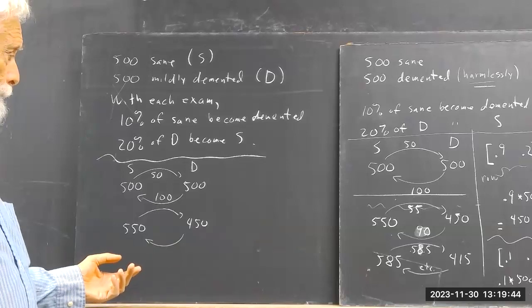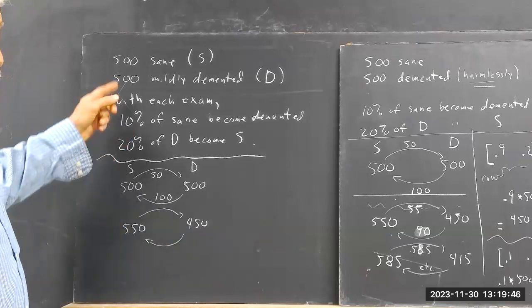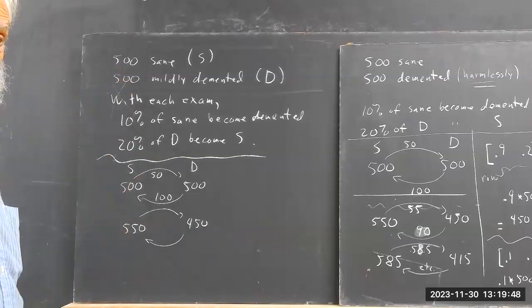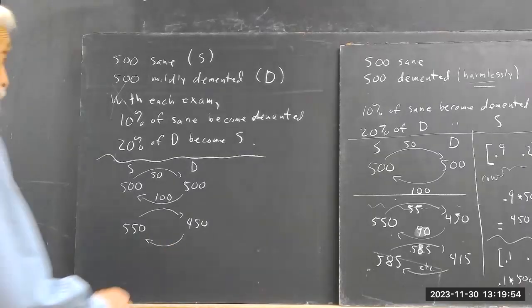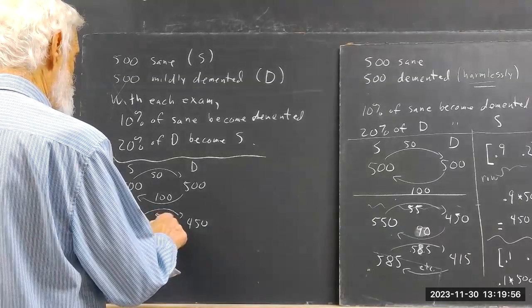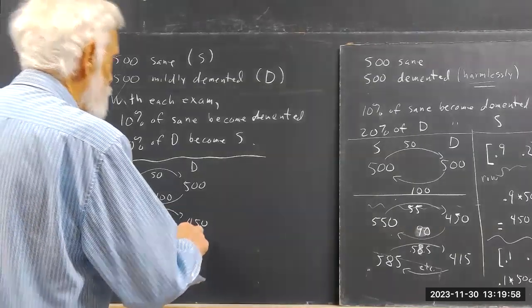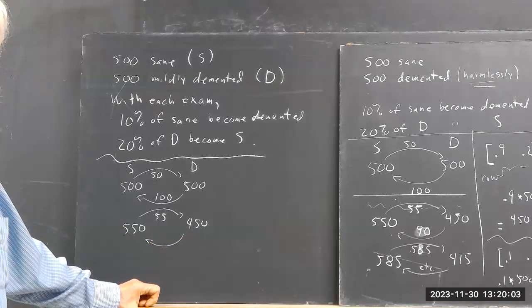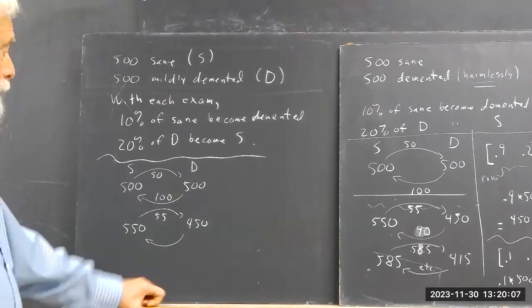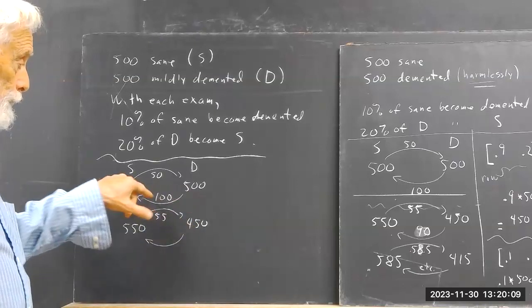It's going to be 10% of the sane. What's 10% of 550? You shouldn't need a calculator to do 10%. Just move the decimal over one place. But anyhow, it's 55. And what's 20% of 450? A little less than that. 20% of 500 would be that.